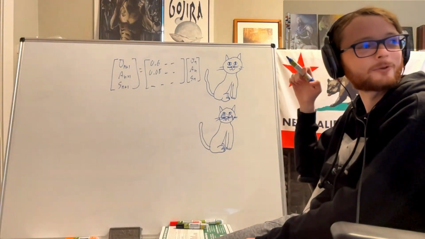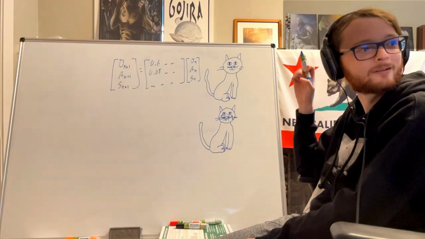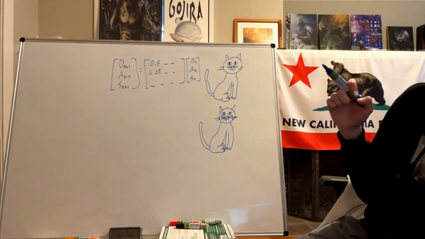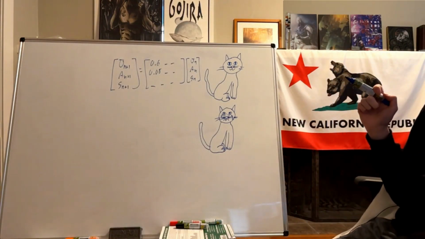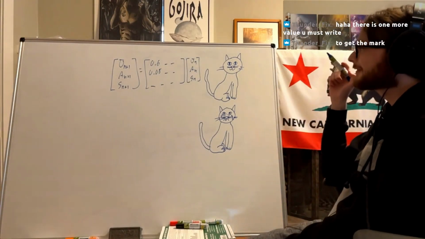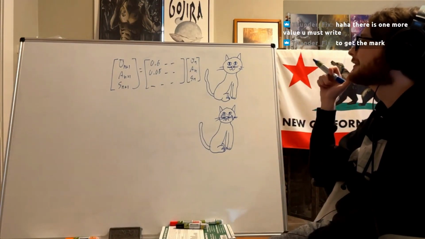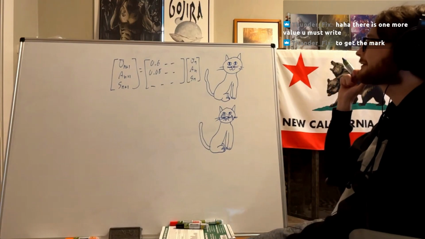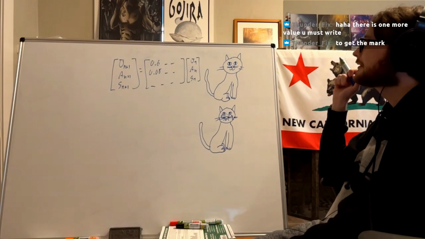So I don't know what more value you must write to get the mark. We can figure out one of these values? Let me think about it. Probably not gonna get it.